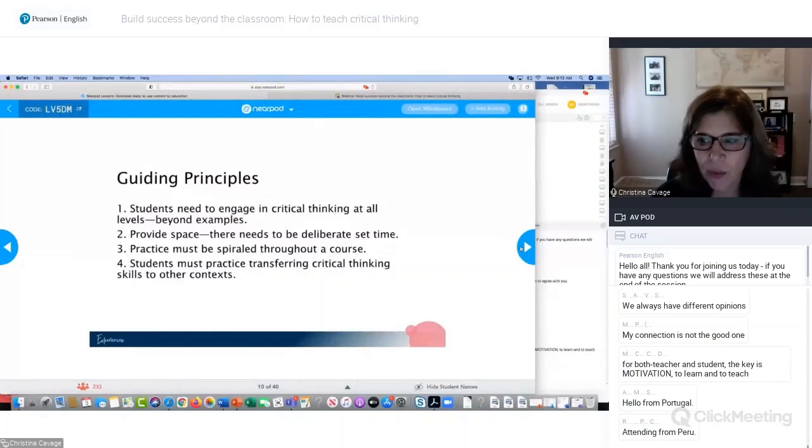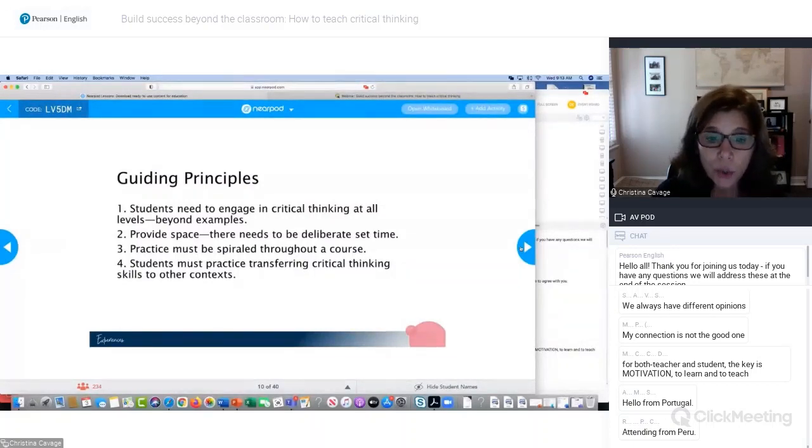Number two is so important. And I think we live in this culture of assessment now, right? Especially those of you who are teaching in the US, and I'm sure many other countries are like this as well, where we have these measures and we have to meet these measures in a very specific period of time.